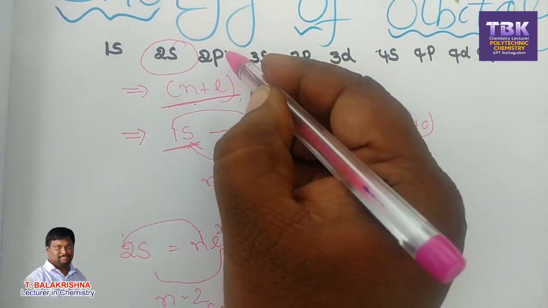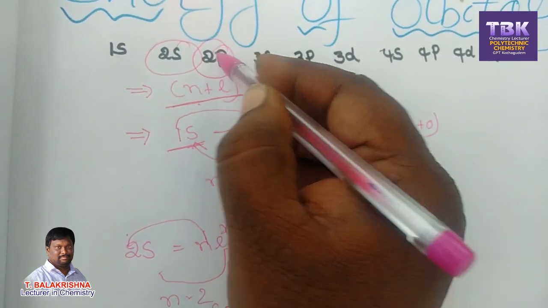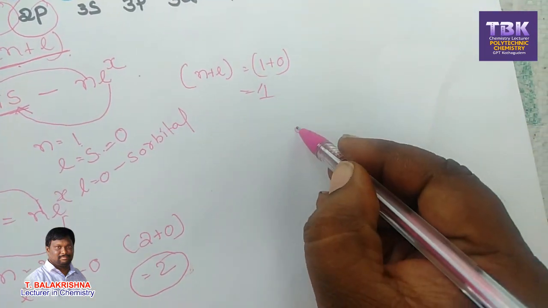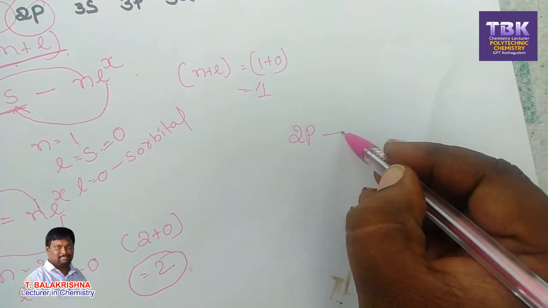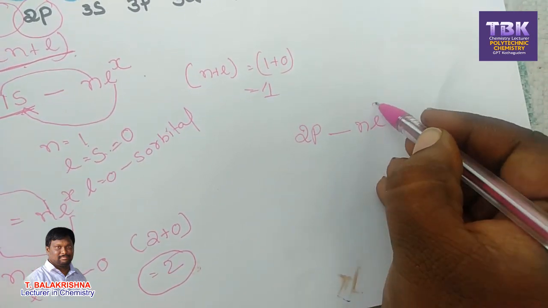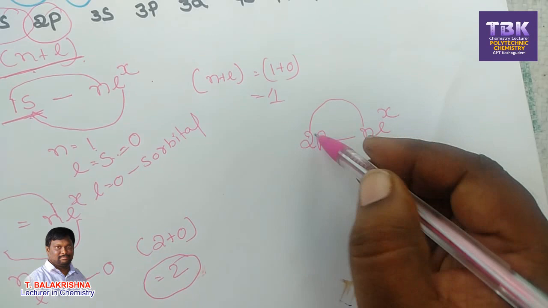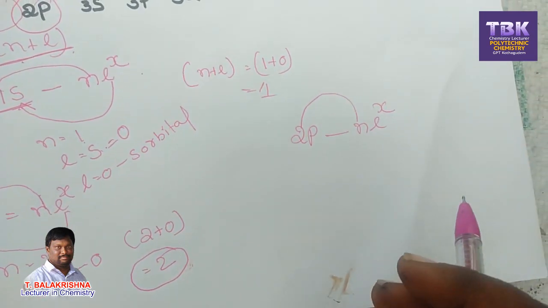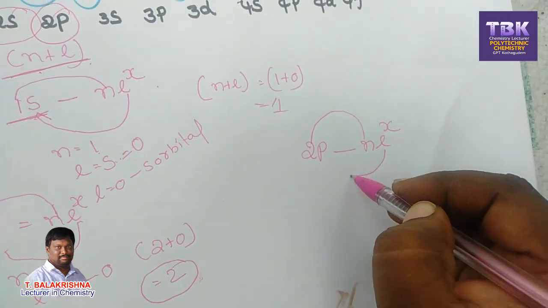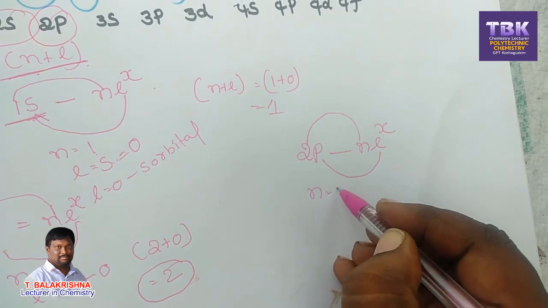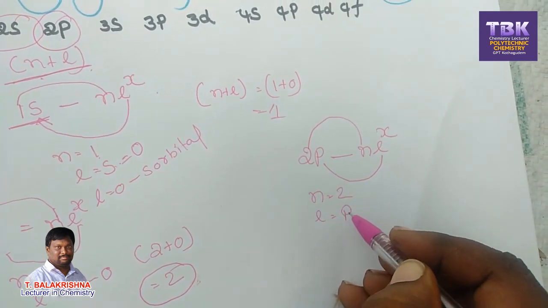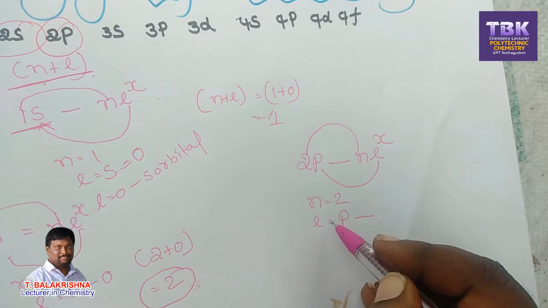Take another example, 2p. What is the energy of the 2p orbital? 2p is compared with nl, so n is equal to 2 and L is equal to p. This is in quantum number form, and it is converted to numbers. What is the L value?